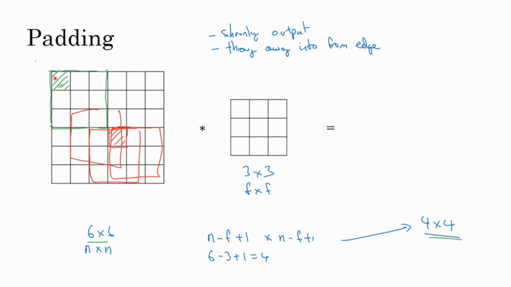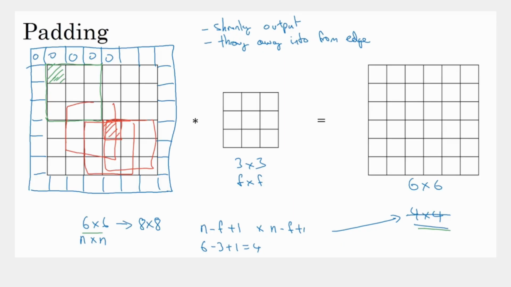To solve this, we have come up with the concept of padding. That is to solve this exact issue: before applying the convolution operation that we have shown here, we will pad the image. What I mean by padding is that we will add an extra layer of cells filled with zeros.